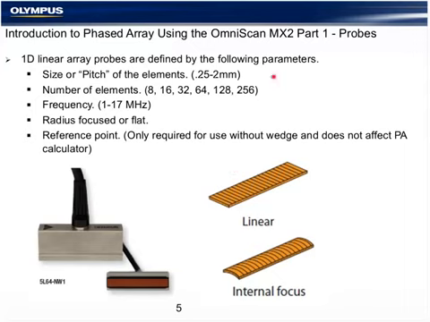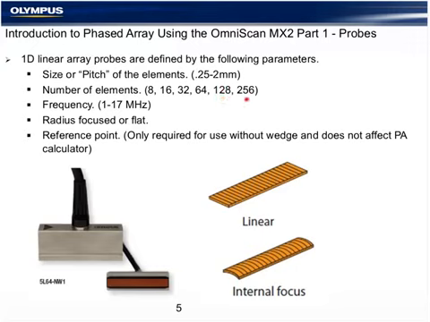The probes come in common element categories designed for the instrumentation, which are typically 16, 32, and 64, the overwhelming majority of those. In large industrial systems, the instruments have the capability of managing up to a 128 or 256 element array.